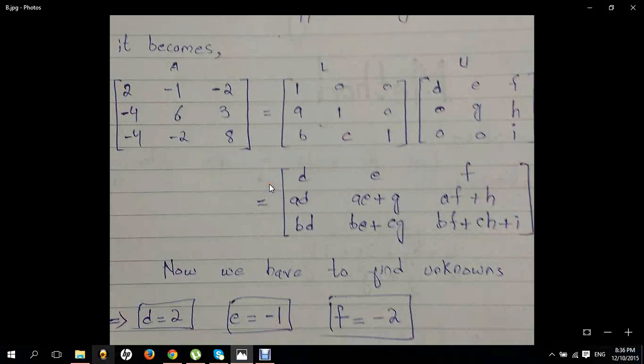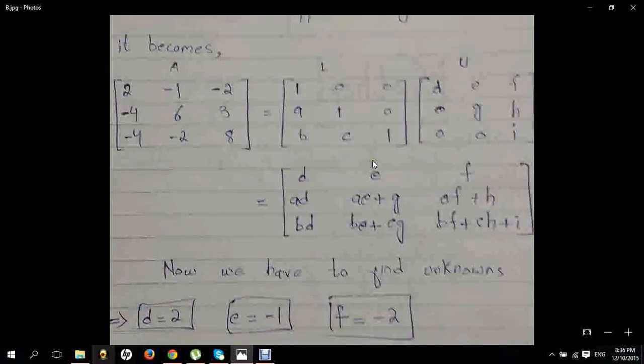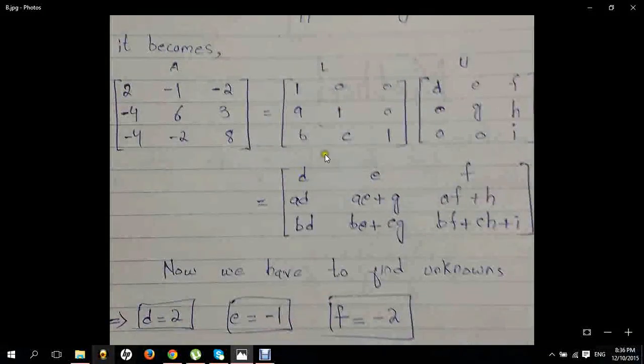Now we're gonna find our unknowns, which are these letters A, B, C, D, E, F, G. How are we gonna find them? Is to equate these letters into our main matrix.